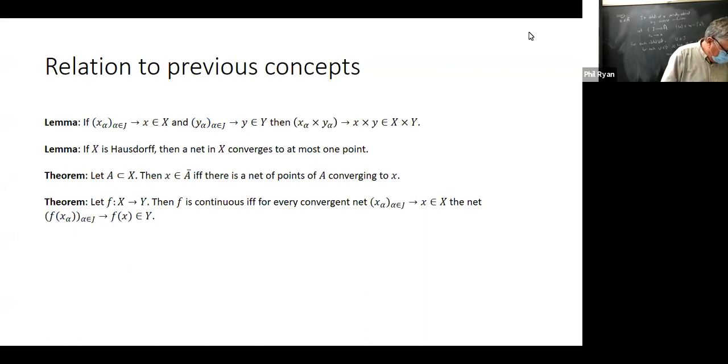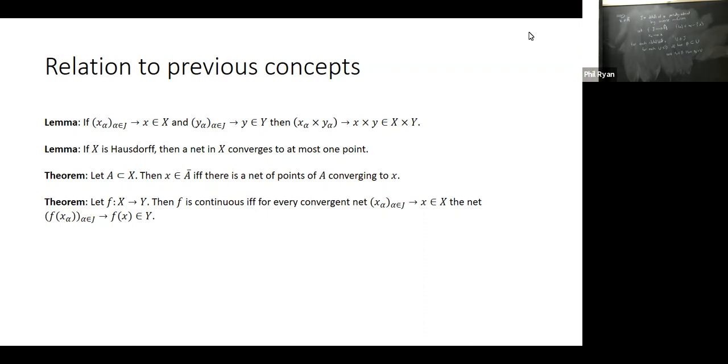So how do we go about doing that? What do we need?